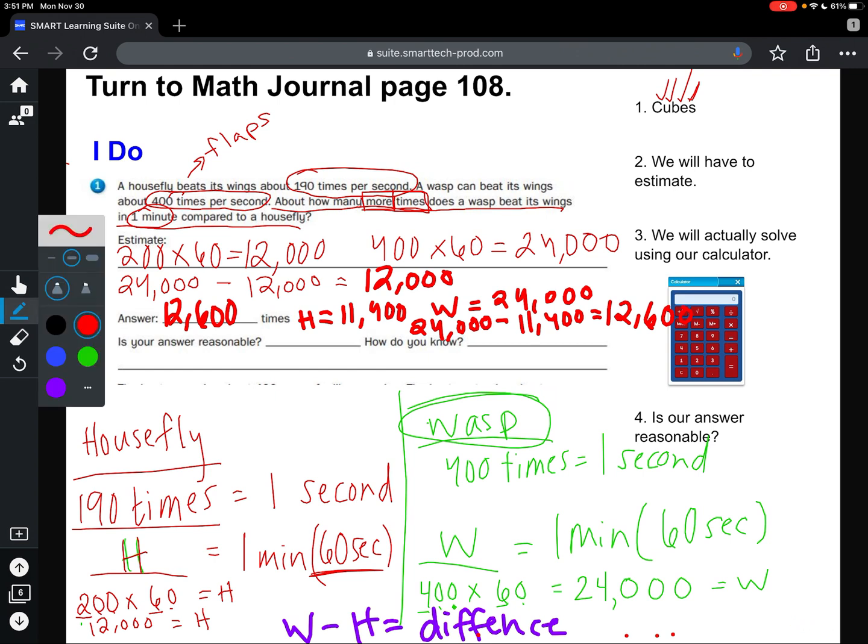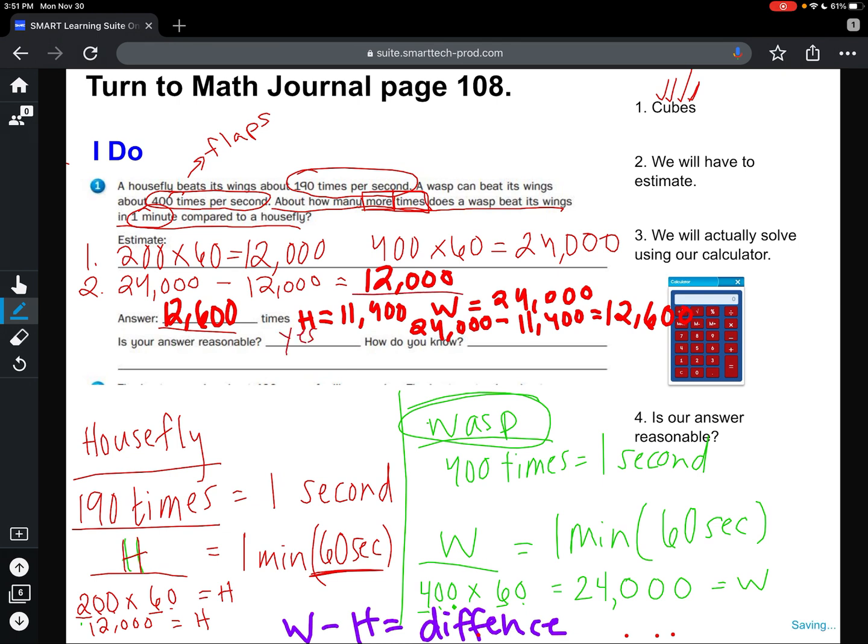The next part says, is our answer reasonable? We know that our answer is reasonable because it's very close to our estimate. So yes, our answer is reasonable.